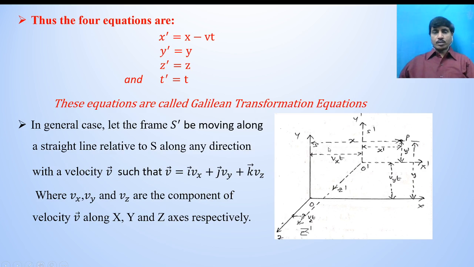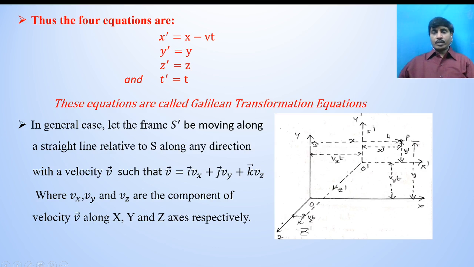The diagram shows S and S dash be two inertial frames with origins O and O dash respectively. At time t is equal to 0, the two origins coincide. The frame S dash be moving with the velocity v bar in any direction relative to frame S. P is an event happening at any time t.